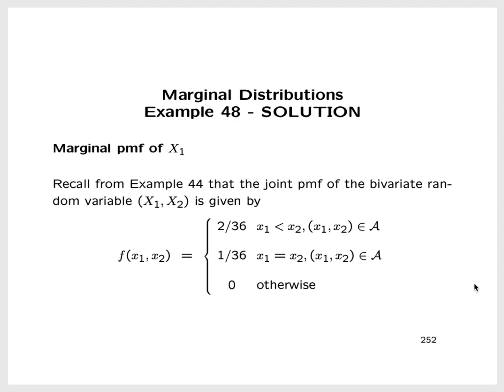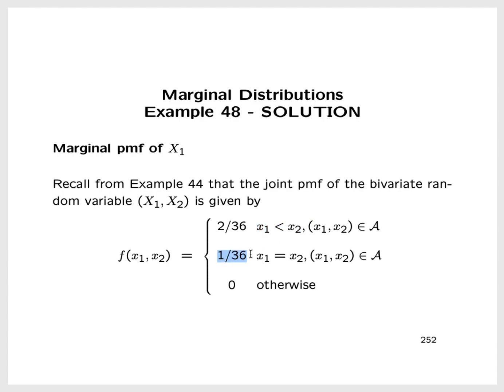So recall from example 44 that the joint PMF of the bivariate random variable x1, x2, that ordered pair of random variables, is given by the following expression. The joint PMF is equal to 2 over 36 for values of x1 and x2 in the sample space of that bivariate random variable, where, specifically, x1 is less than x2.